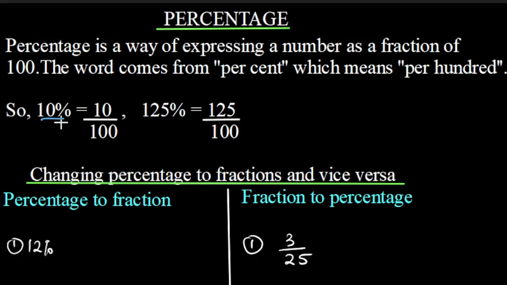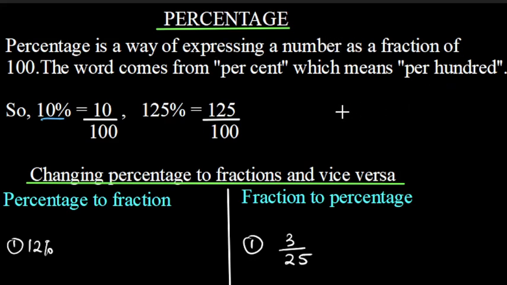Okay, so 10% is same thing as 10 over 100. And also 125% is same thing as 125 over 100.